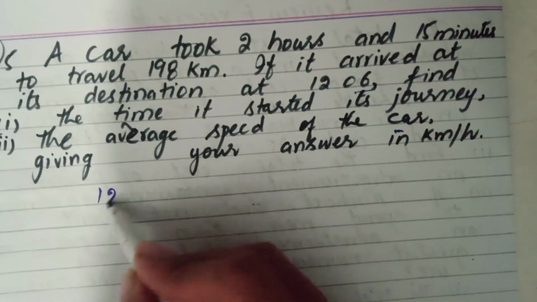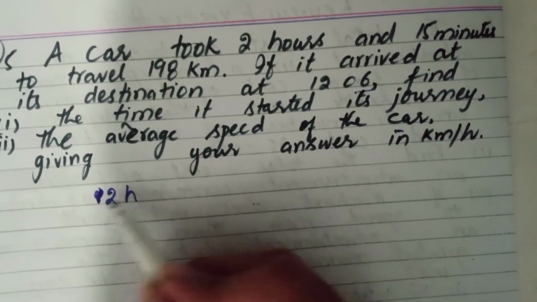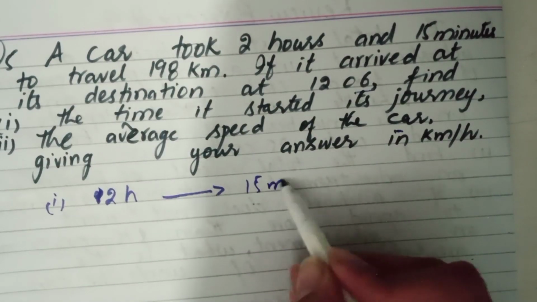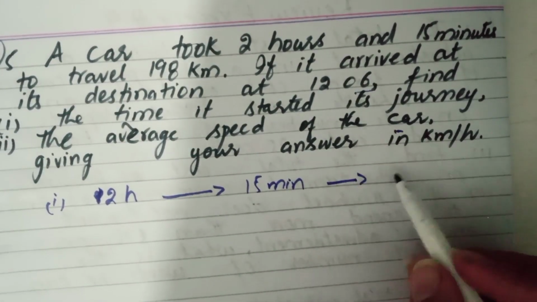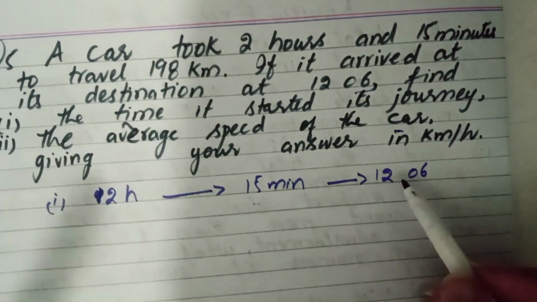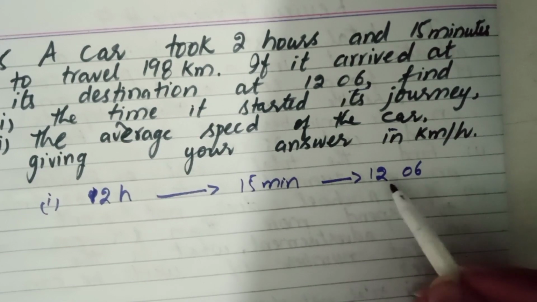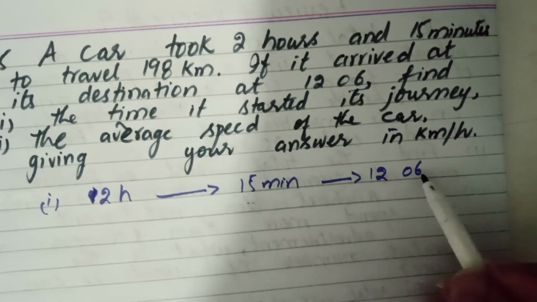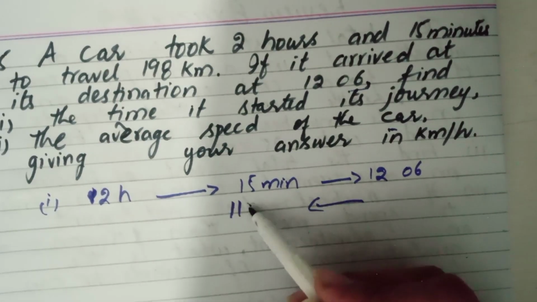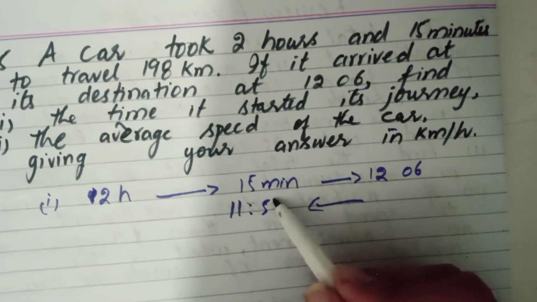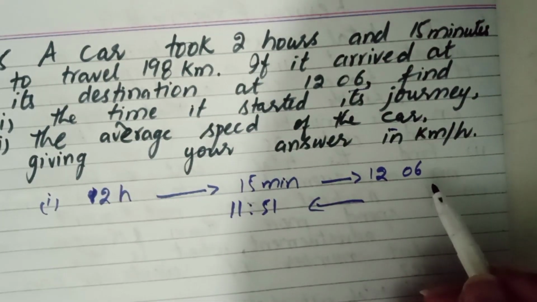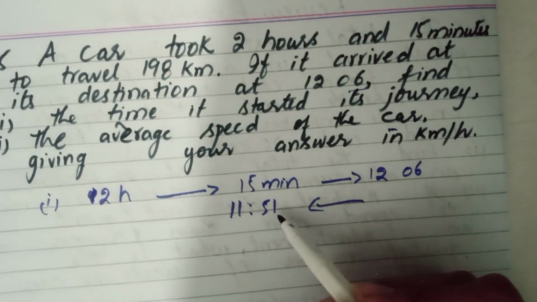We have to find it like that: 2 hours and 15 minutes, and arrival time is 12:06. If we have to go back, then we have to subtract 15 minutes from 12:06, and we get 11:51.